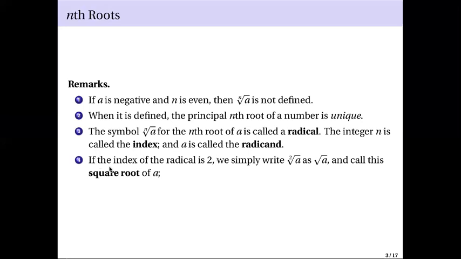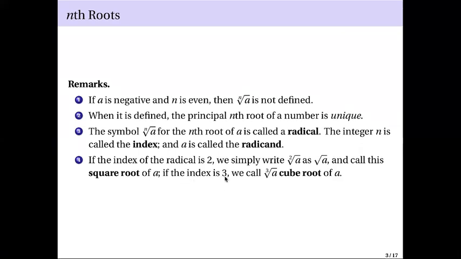Now if the index of the radical is 2, we simply write this symbol here. So we will remove the 2 there, and it's called the square root of a.